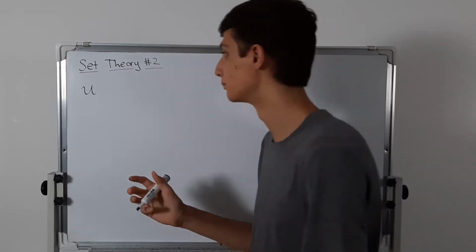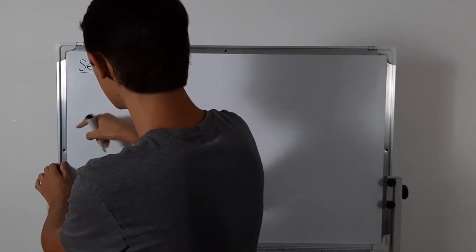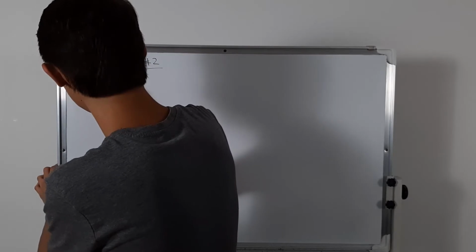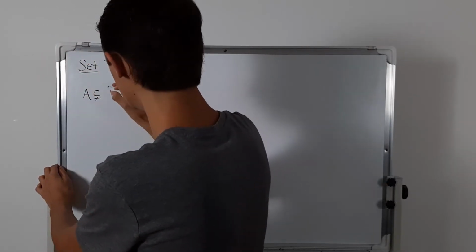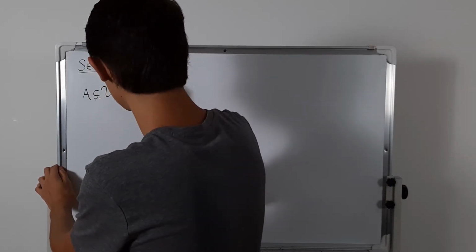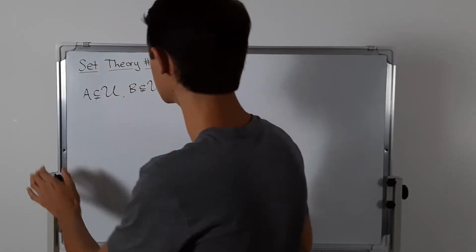So let me write some relation. We can talk about how A is a subset that is not equal to the universal set, and then also B is a subset that is not equal to the universal set.